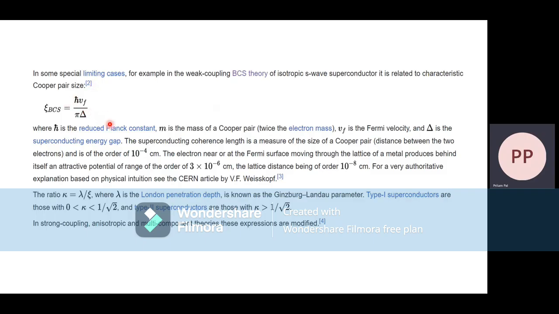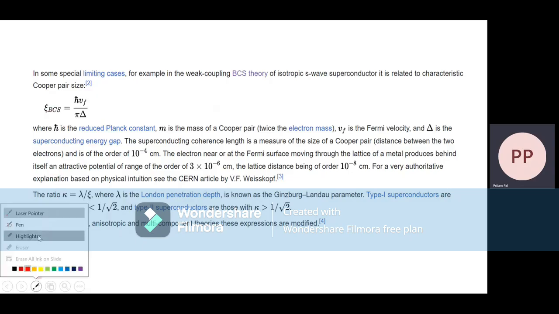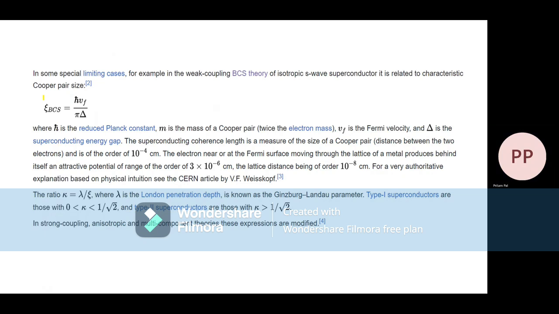Please remember this formula. It will be of great help. This is the formula which is basically related to the characteristic Cooper pair size.